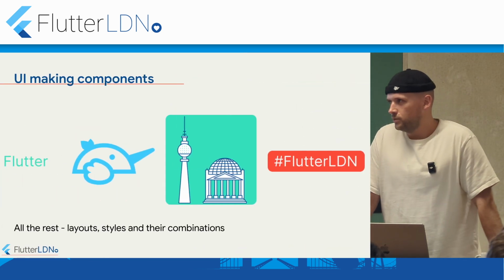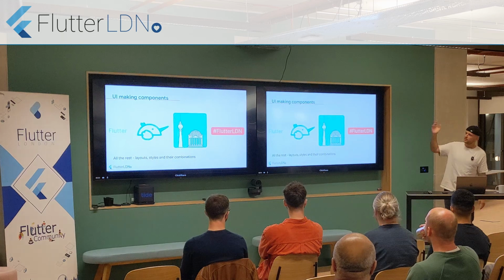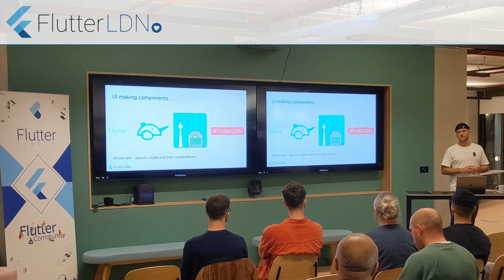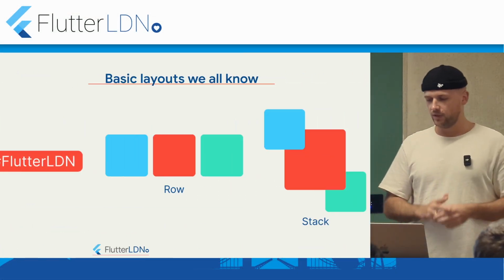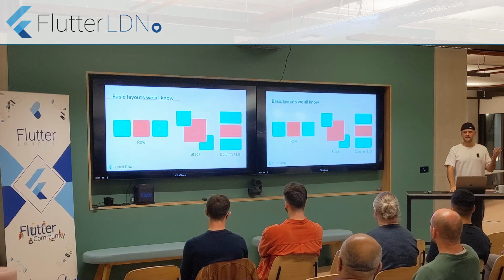Most of the time, we are working with the main UI components, like what do we have here? A text, icon, image, or whatever button. All the rest is mostly layouts or styling. We are not skipping layouts. You all know about row, column, stack, list, whatever.